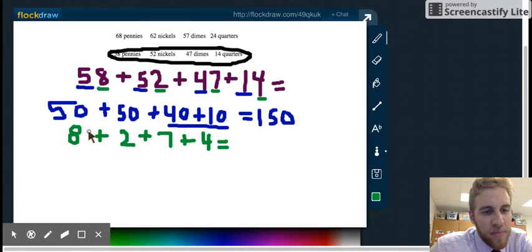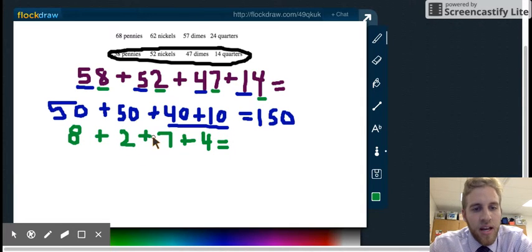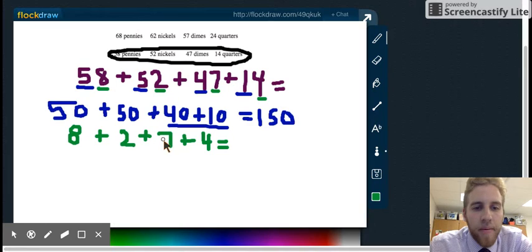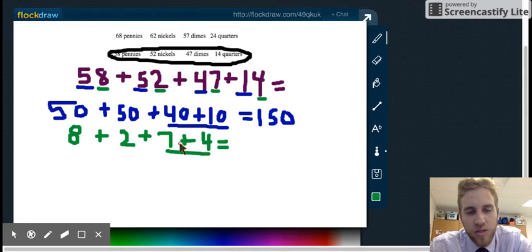And like we said, 8 plus 2 is 10. 7 plus 4, it's kind of like 6 plus 4, that 10's combination we know, but it's going to be one more because it's not 6, it's a 7. So one more is going to be 11. So I kind of think of 11 as a 10 plus 1. If we think of this as a 10 plus 1, then we've got 10 plus 10 plus 1. So 10 plus 10 is 20, plus 1 more is 21.